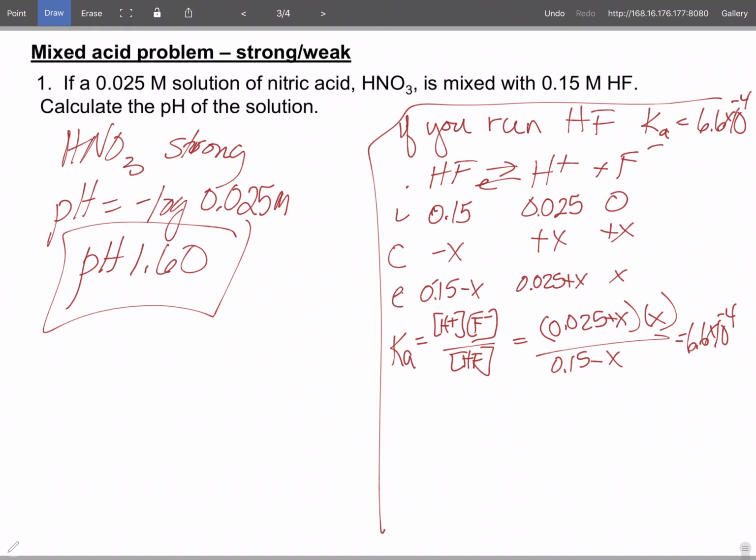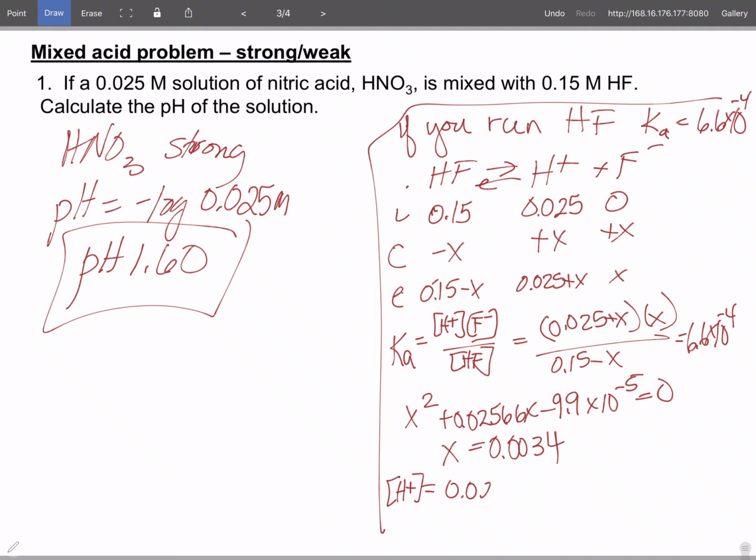Now, I'm going to make no assumptions, so I get x squared plus 0.02566x minus 9.9 times 10 to the minus 5th equal to 0. So my x value will come out to be 0.0034. So if we look at our hydronium ion concentration, it's going to be the 0.025 plus 0.0034, which means it comes out to be a whopping 0.02841.